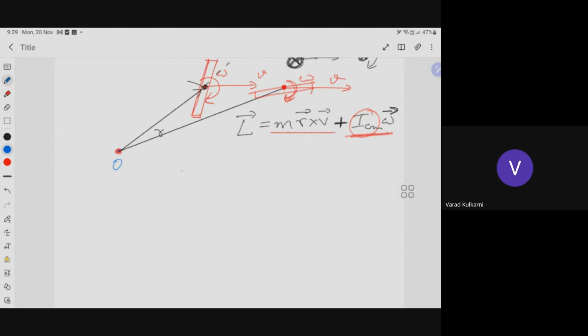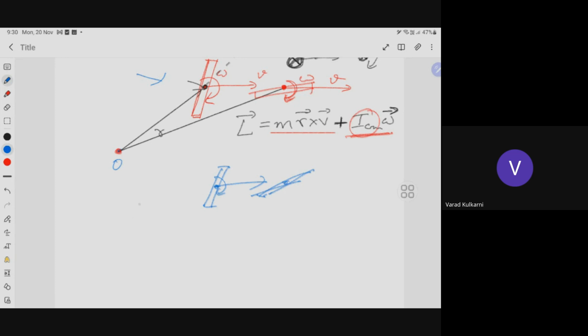If a body is rotating about a fixed point, like this one, the body is freely rotating about the CM and the CM is going forward. So it is not having a fixed point of rotation.